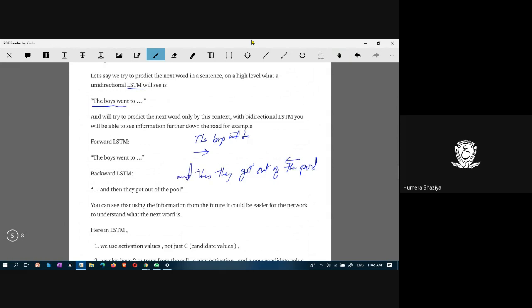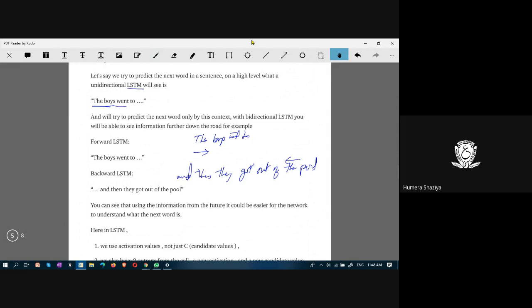So here you are getting the right part of the sentence. Perhaps here you are getting the left part of the sentence. Actually, the entire sentence is fed in both directions, forward and backward. Then that kind of LSTM is known as bidirectional LSTM. What is the use of bidirectional LSTM?